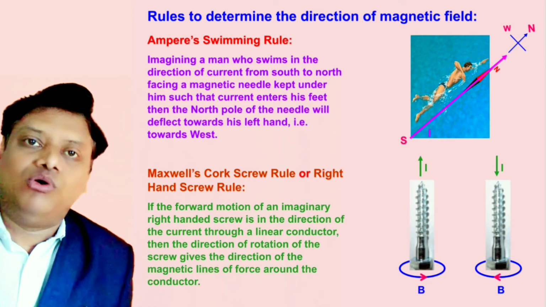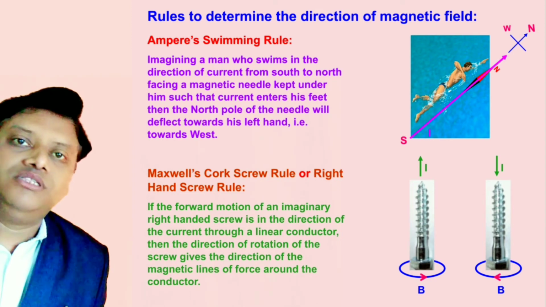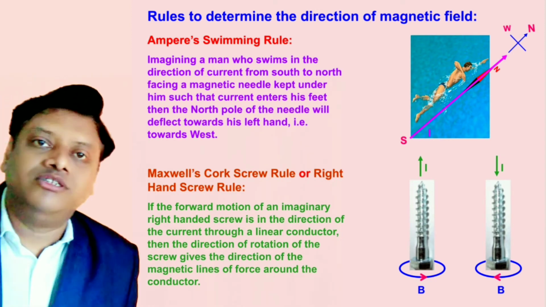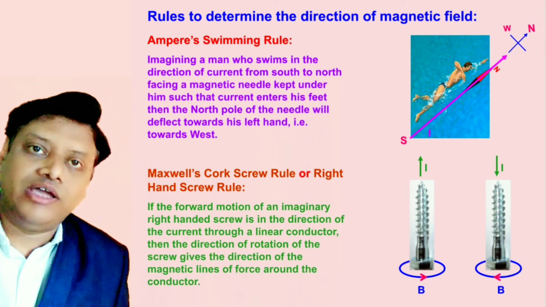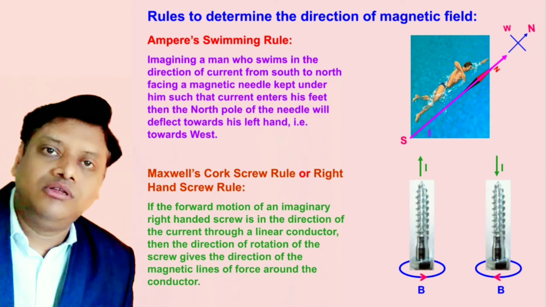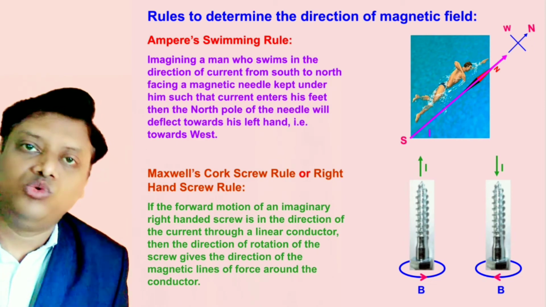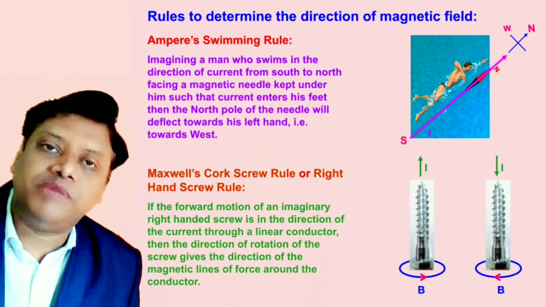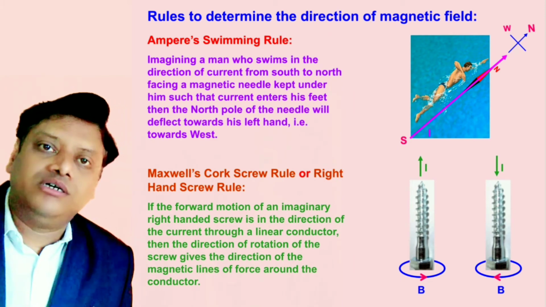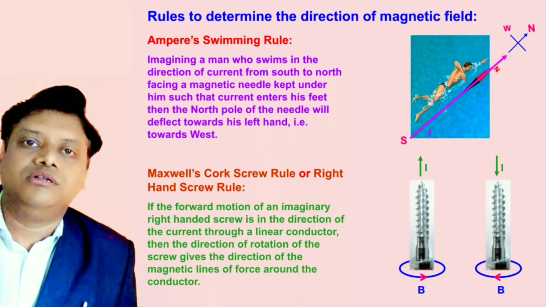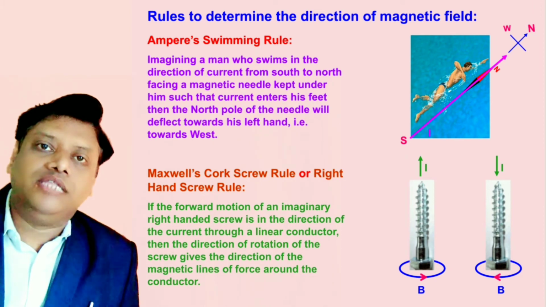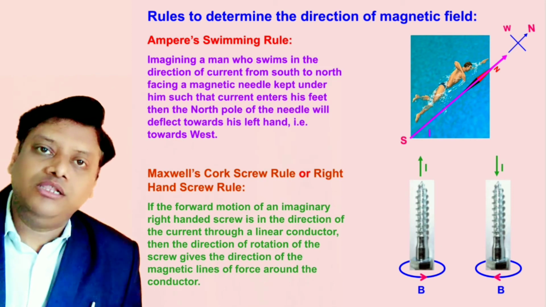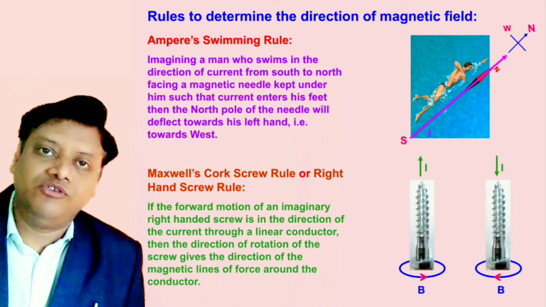Now, the second rule is called the SNOW rule. Suppose the current enters the wire through the south side and leaves through the north side, with respect to the directions of the needle. Then the needle placed below the wire, its north pole will deflect towards the west.